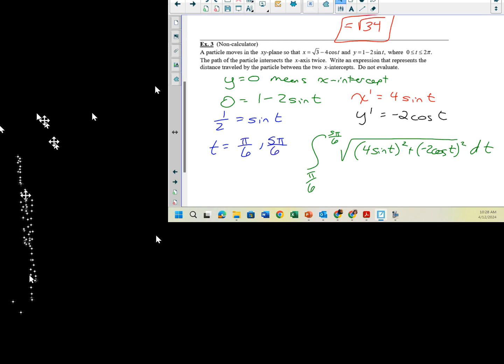The distance is the integral of the square root of dx dt squared plus dy dt squared. And it said you did not have to simplify. So I didn't. Do not evaluate. So I didn't. You can leave it like this. Don't simplify. Don't make it more complicated for yourself.